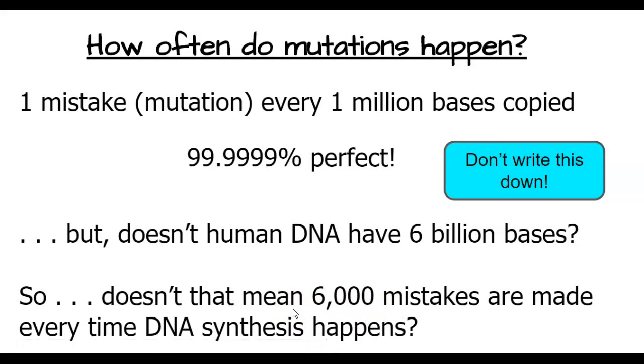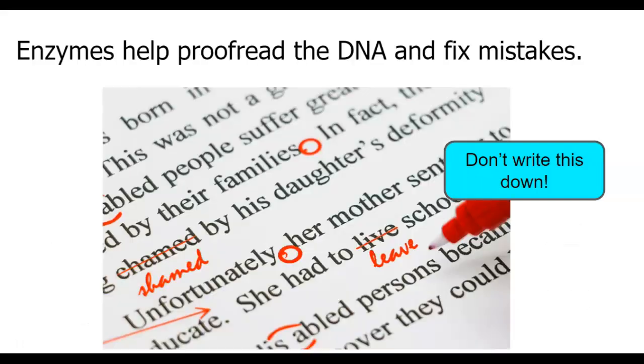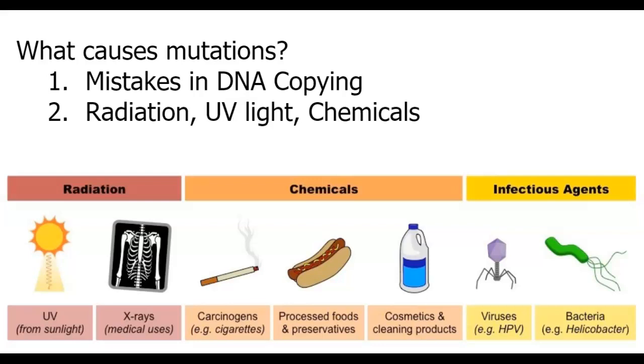So that's a significant amount. Guess what? We have other enzymes that help proofread the DNA and fix any errors. So your DNA has a built-in proofreading mechanism, like an autocorrect or a spell check, which helps cut down on those mistakes.